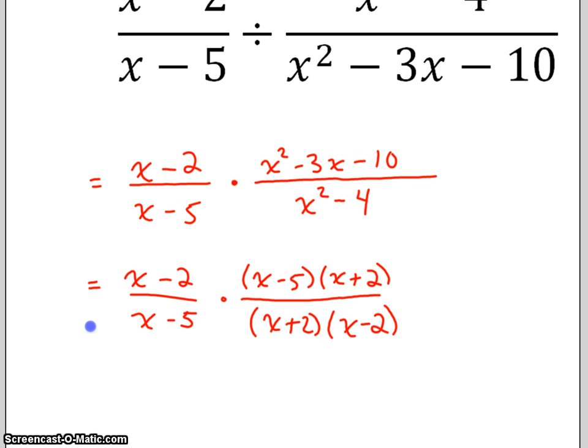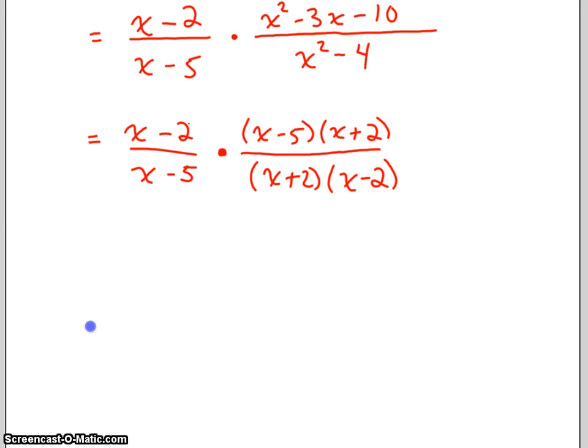And now since this is a multiplication problem, we can look across all the numerators and all the denominators and see if we can cancel out any common factors. Well, this x minus 2 cancels with this x minus 2, leaving us with 1 over 1. This x minus 5 cancels with this x minus 5, leaving us with 1 over 1.